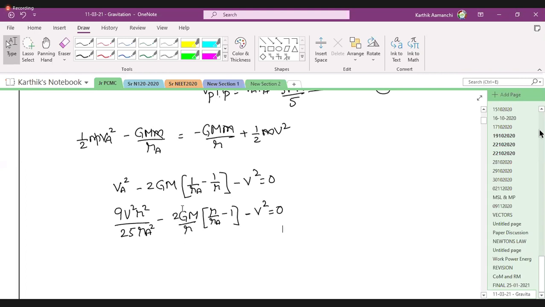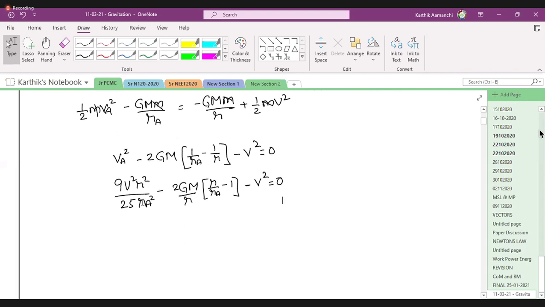If R square by R by RA is there also, this is just a potential. Yes, GM by R is a potential. It's a relation between potential and everything.